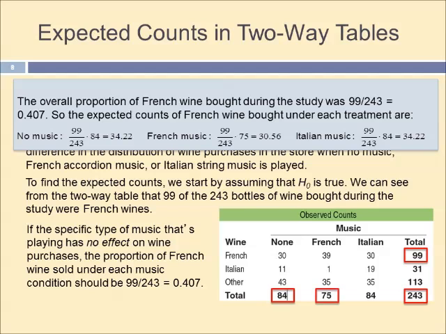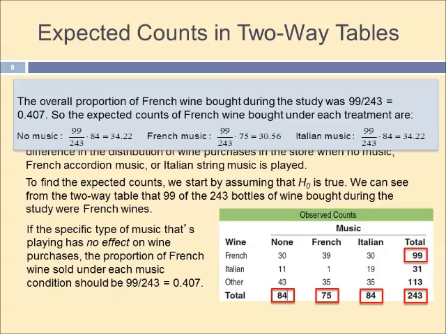With French music being played, there were 75 bottles of wine sold. 0.407 of those should be French wines. So again, that's about 30.56. And under the condition of Italian music being played, there were 84 bottles of wine sold. And we would expect that around 40% of those would be French.